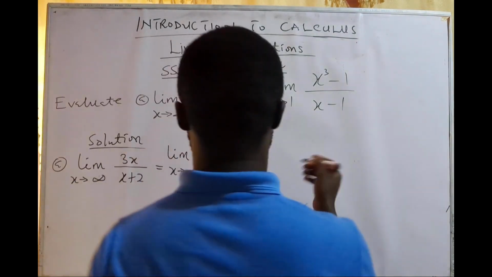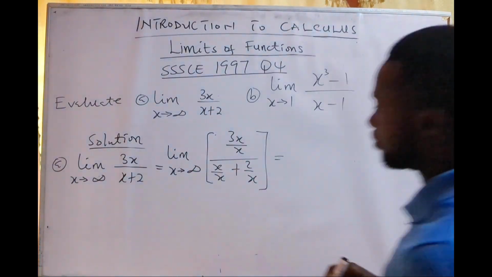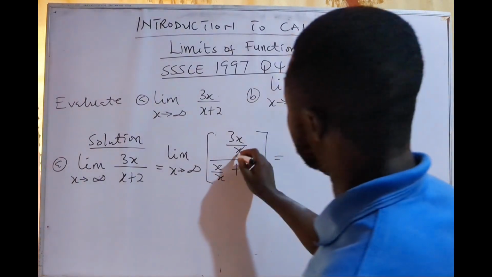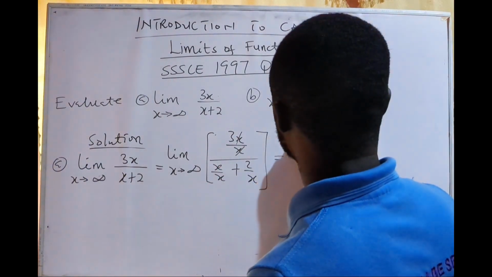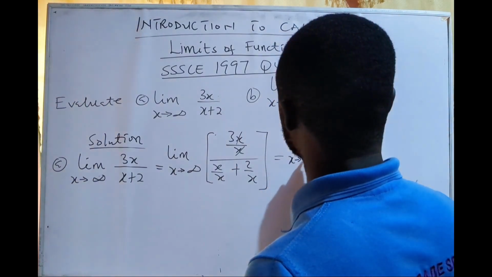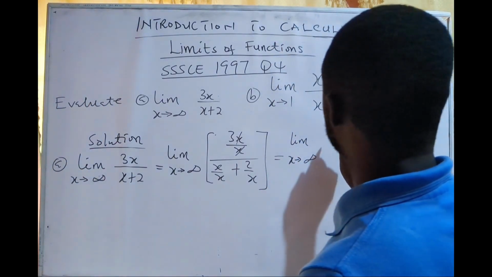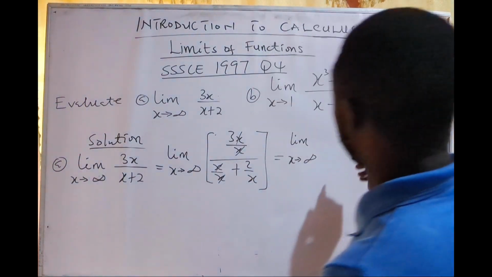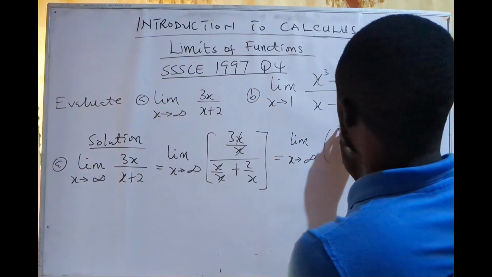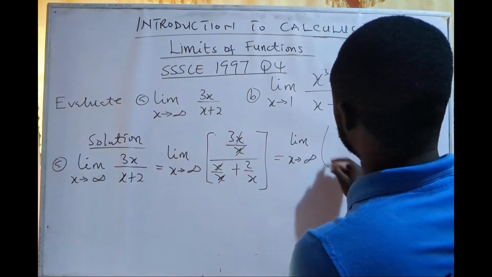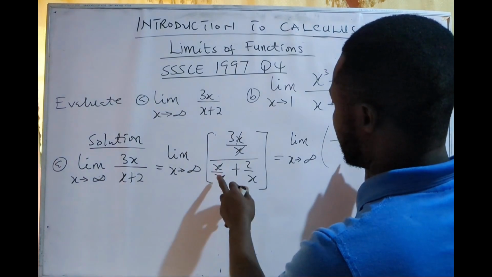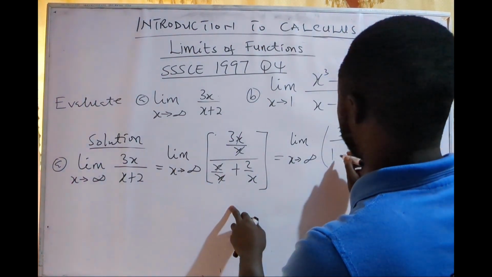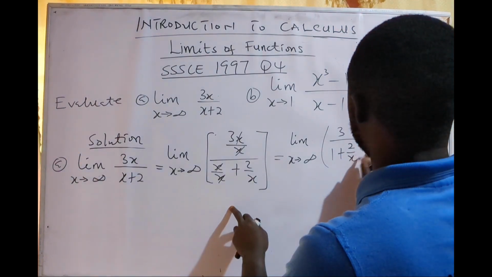Alright, so let me continue from here. x is going to cancel x, so I have the limit as x approaches infinity, and here x will cancel x, then this will be 2 over x. So I'll have 3 divided by x over x, which is 1, plus 2 over x.